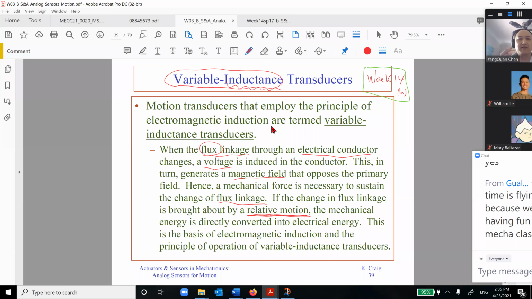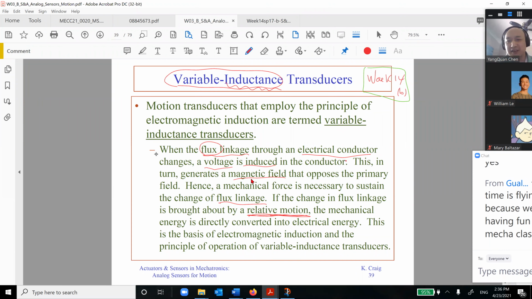So the flux linkage in the electric conductor will change. A voltage can be induced in the conductor, which generates a magnetic field opposed to the primary field.